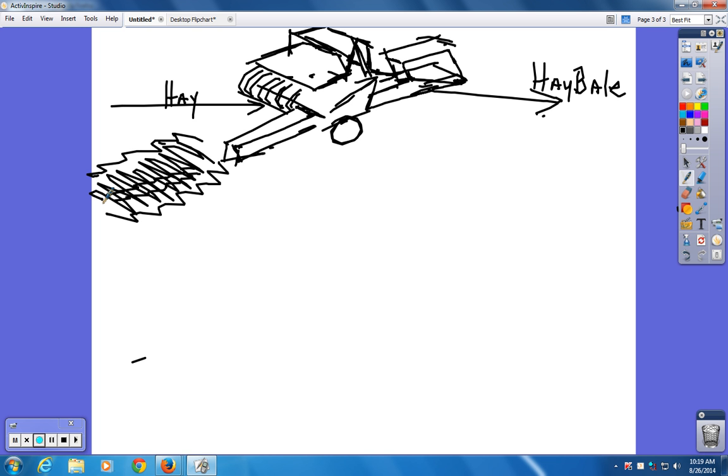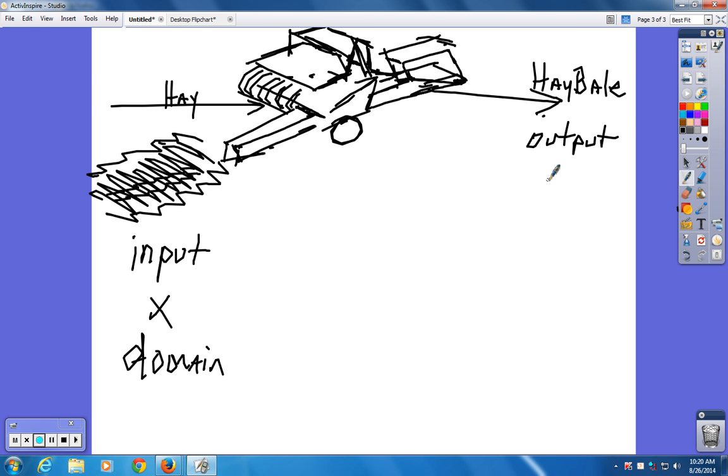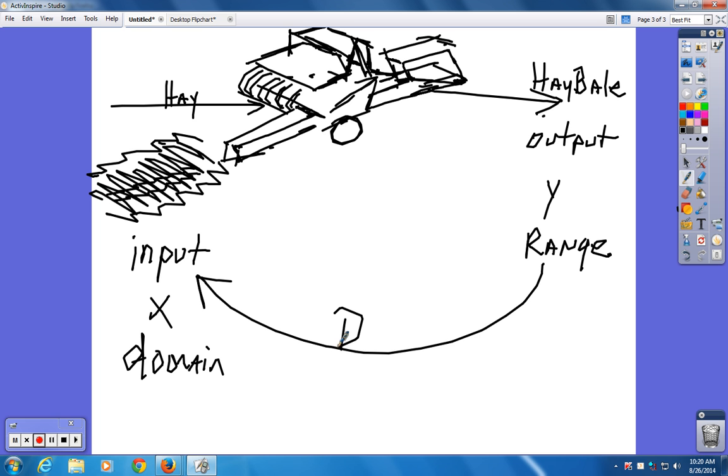So again, your input is the hay, and the hay bale is your output, meaning your Y or your range. And again, no matter what, depends on what? The Y always depends on the X.